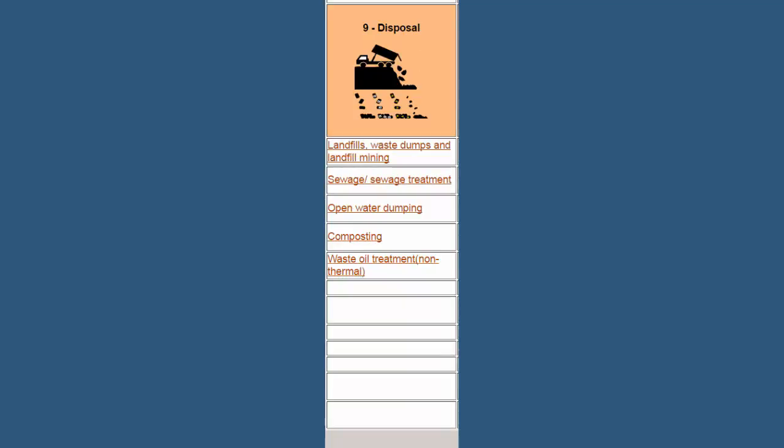The first 4 categories are classified according to the type of waste or wastewater received, treated, or released. For non-thermal waste oil treatment, a waste oil is any petroleum-based, synthetic, or plant or animal-based oil that has been used.